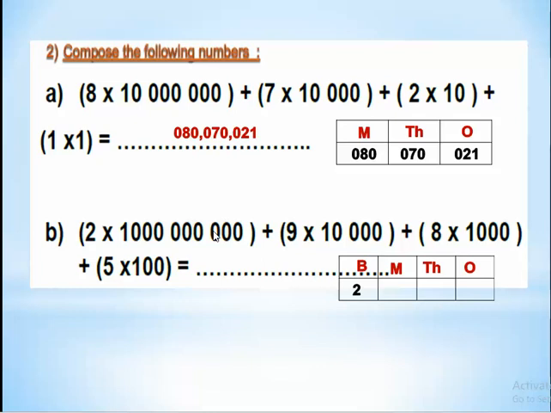We have 3 places: million, 10 million, 100 million, and we don't have any of these, so we will replace with 3 zeros. Thousand, we don't have 100,000, we don't have 10,000, so we will replace 100,000 with 0, 10,000 with 0, and put 8 as 1,000. Sorry, we have 98. Here we don't have tens or ones, so we are going to write 500. Composing the number will be 2,098,500.